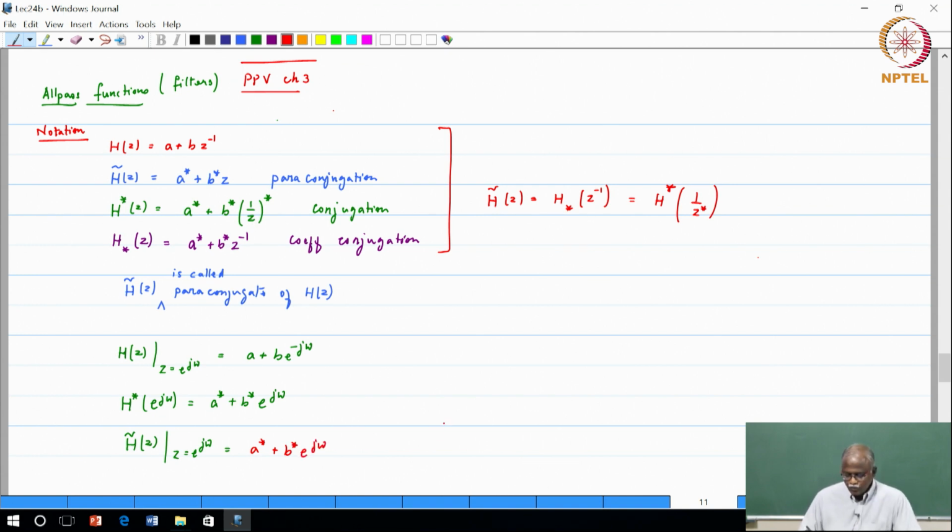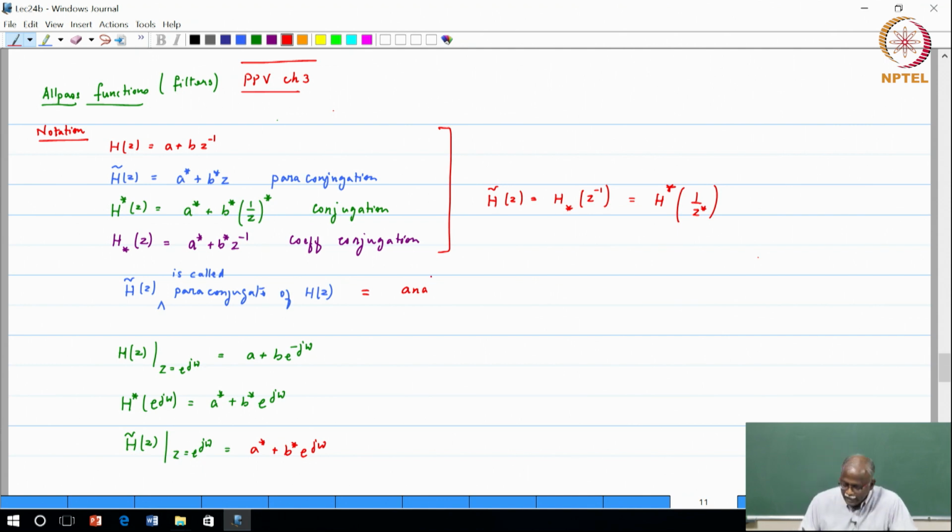Okay. So, the reason we have defined the para conjugate is because this is the analytic extension of conjugation on the unit circle, that is as simple as that. Z plane has a unit circle, conjugation is defined on the unit circle, everywhere else you have to define an analytic extension of conjugation, which is what?